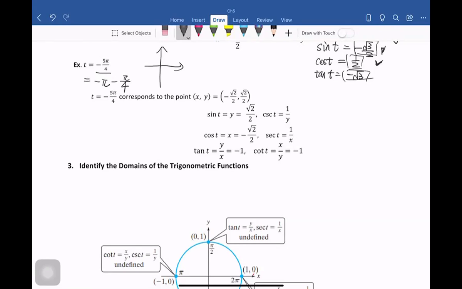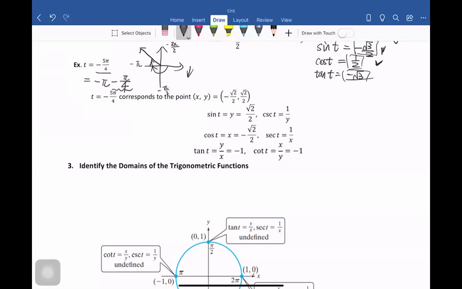So we are going in the negative direction, I mean the clockwise direction, to find the negative angle. This is pi over 2, negative pi, negative 3 pi over 2. When I get here, that is negative pi, I need to continue to go pi over 4. So it should be here. That's the negative 5 pi over 4.